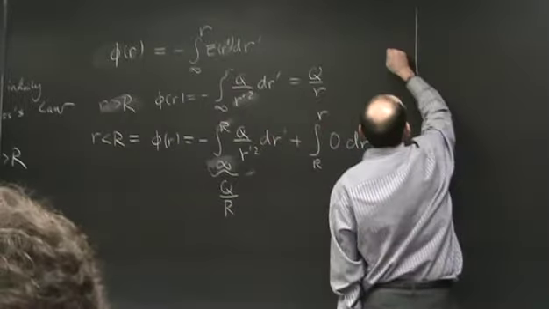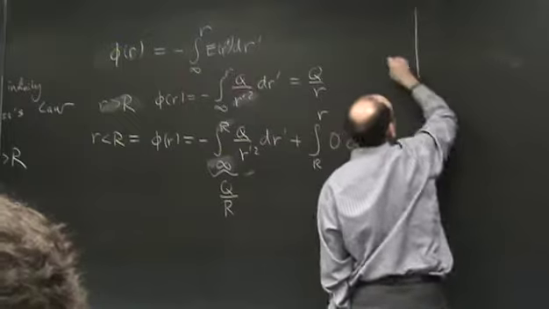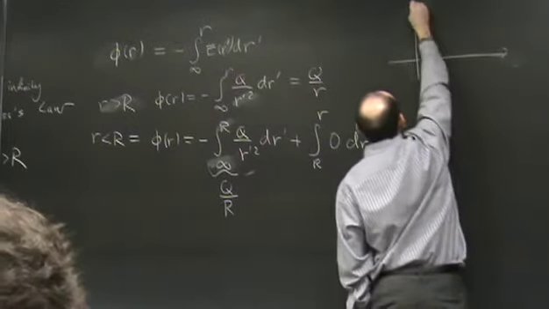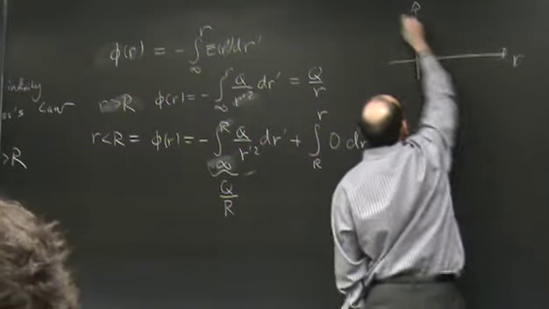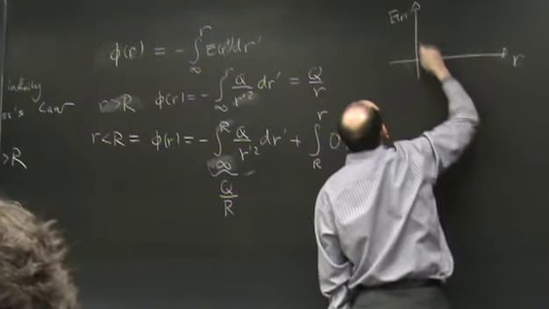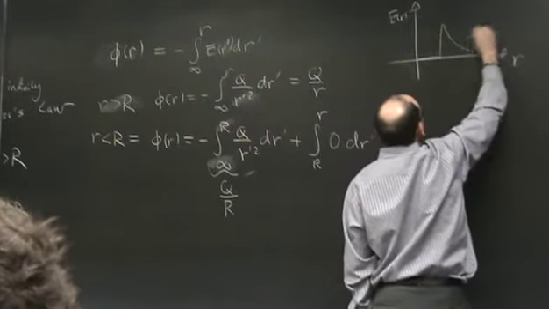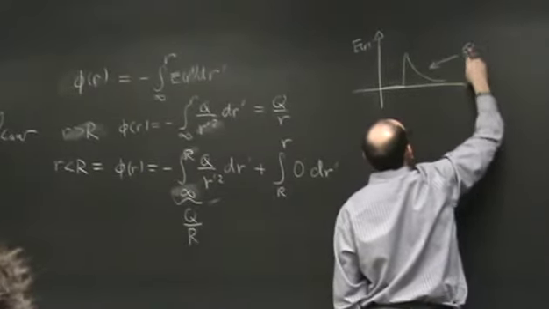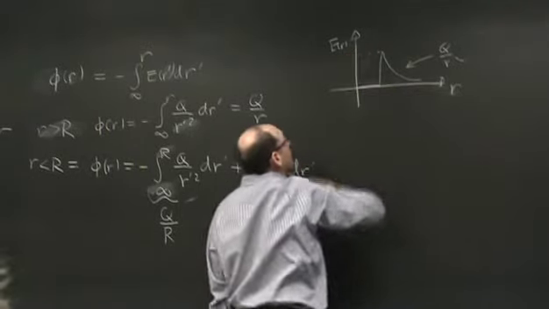So, in this circumstance, just to remind you, this is quite a simple problem. I'm sure you've seen it in your freshman physics. The electric field in this problem is 0 and then falls off like 1 over r squared. There is a discontinuity here.